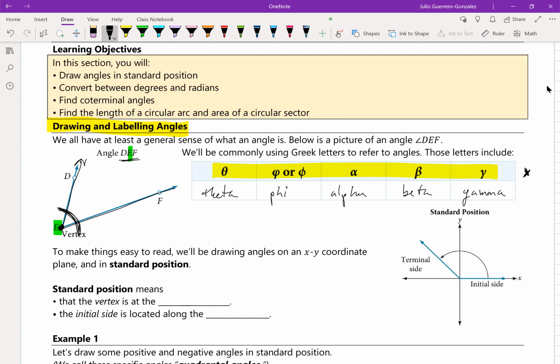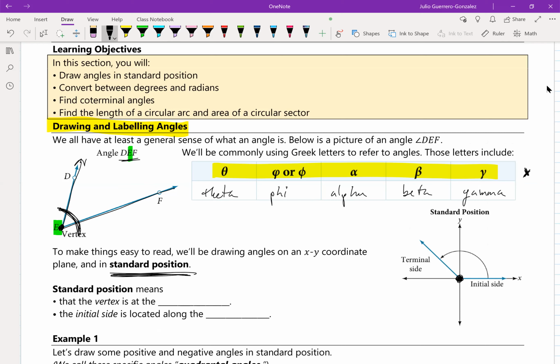What we will be using a lot are angles that are in what's called standard position. Standard position is essentially like we have it over here. The vertex is at the origin, right?